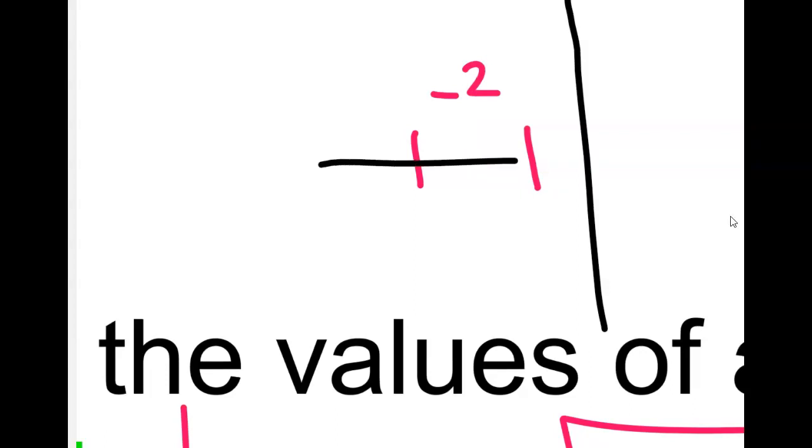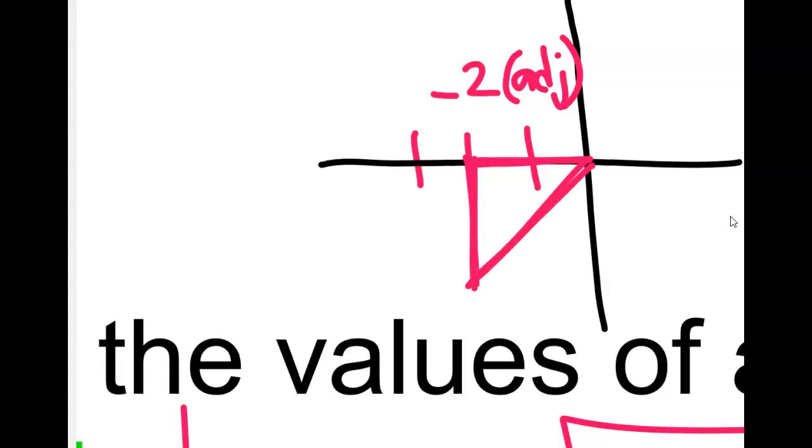Okay, so the adjacent side will be here. So -2 right there. So this will be our adjacent side. This is the adjacent side. And I had labeled it as the opposite. That's our triangle.